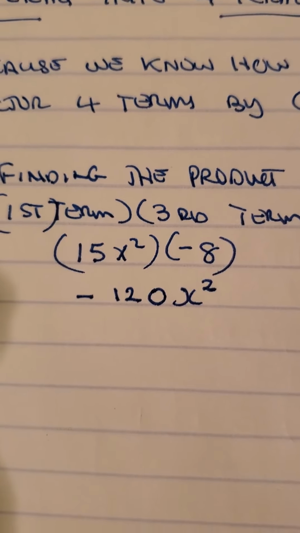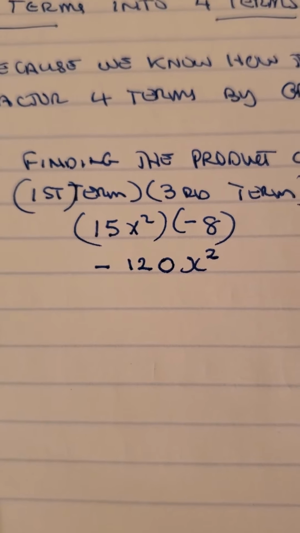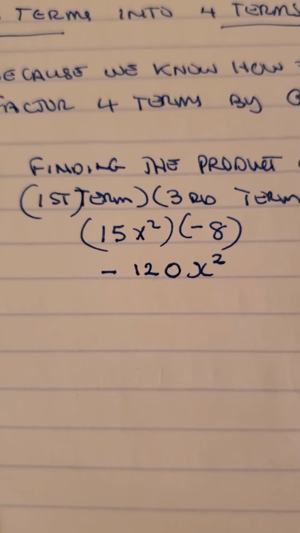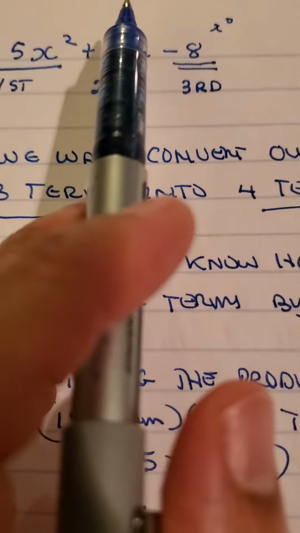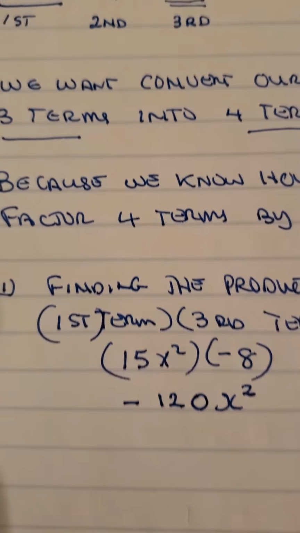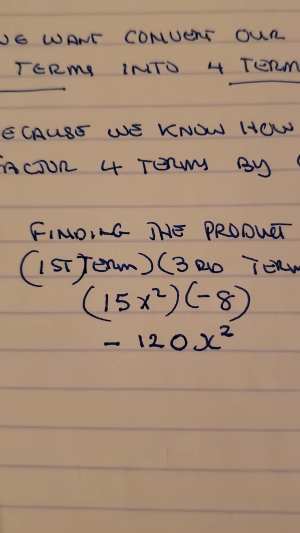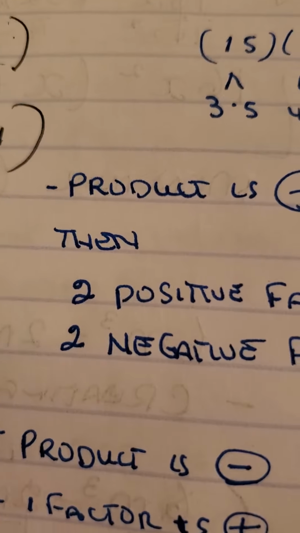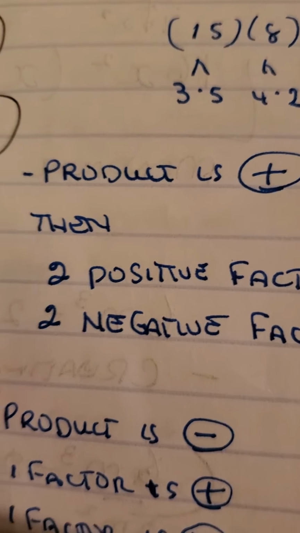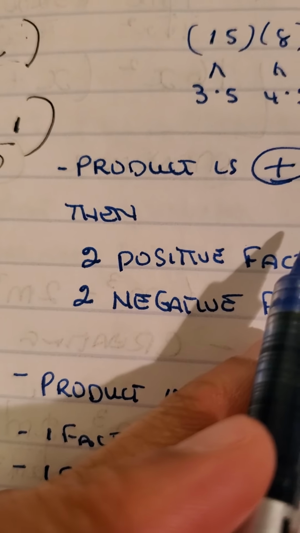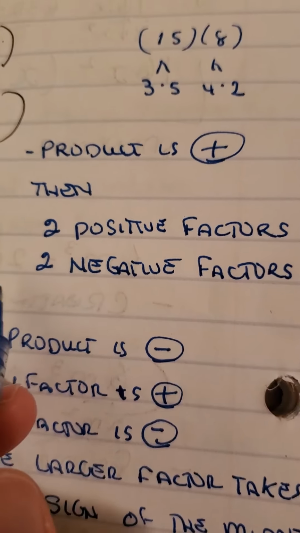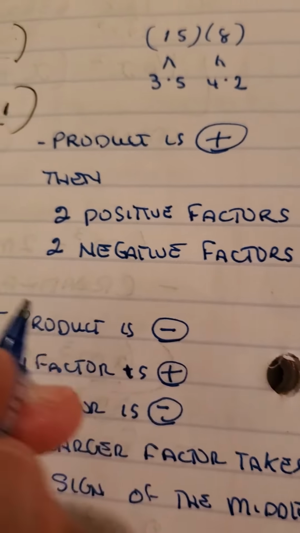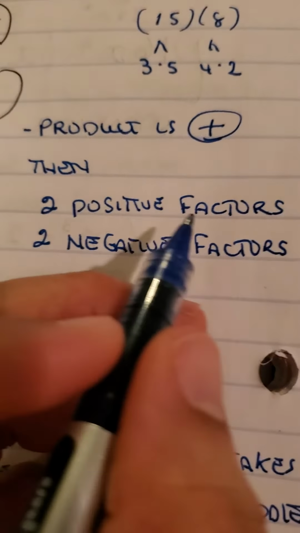Now, something that you must know is that there's a positive 14. There's a couple of rules you should know when it comes to signs, because that's what confuses students a lot. The first thing you should know is that if you multiply your first and third term and the product is positive, then you either have two positive factors or two negative factors, because like signs equal positive.